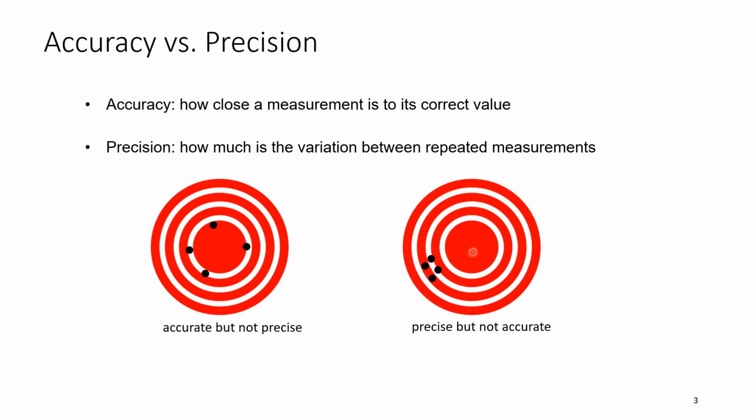In the right picture, all the doors are concentrated rather closely to each other, indicating high precision, but they are rather far away from the center, indicating low accuracy.